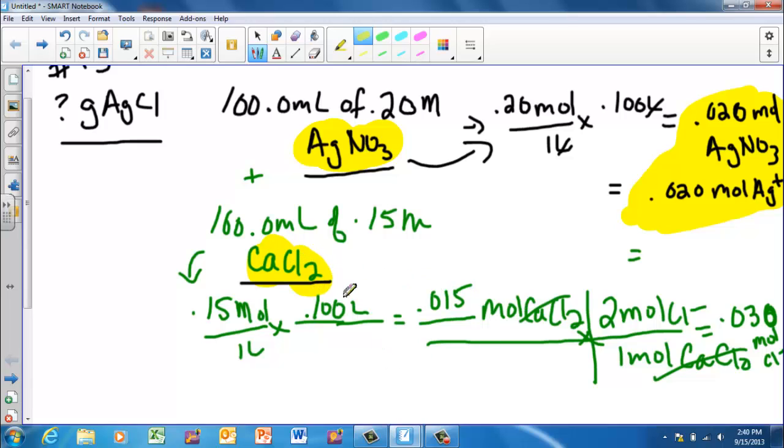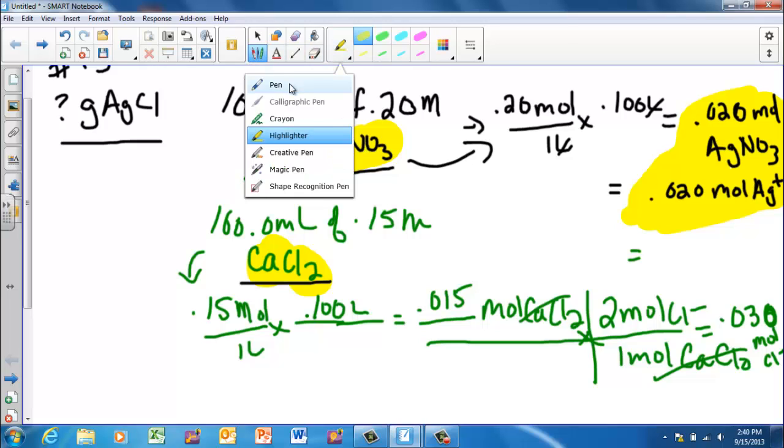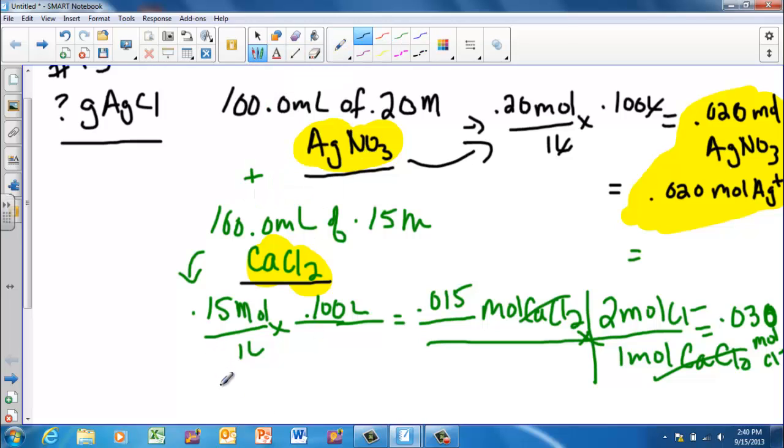Now for calcium chloride, I've shown you in 2 steps. You still take the molarity, which is 0.15, and multiply it by the volume. So remember, the big trick with molarity is to take the molarity, multiply it by the volume in liters, and you get moles, because the units cancel out just like that.